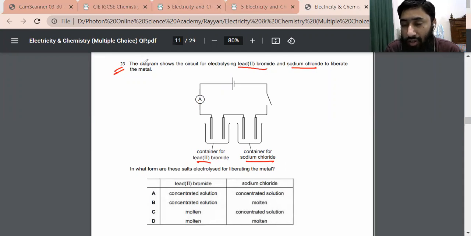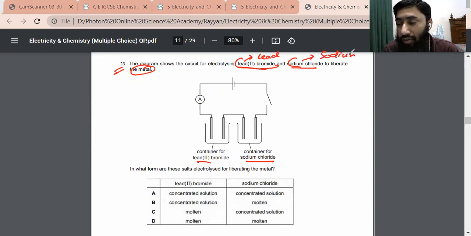Again, read the statement of the question. The diagram shows the circuit for electrolyzing lead bromide and sodium chloride to liberate metal. It means in case of lead bromide, we are getting the metal lead, and in case of sodium chloride, we are getting the metal sodium.